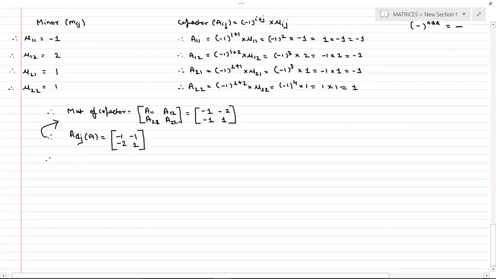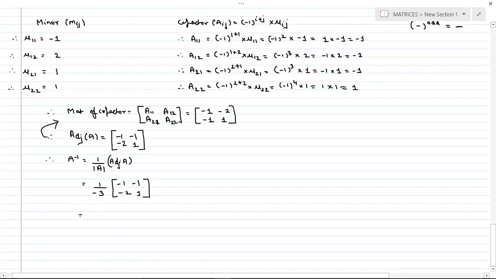So the final step is what? Now we have to find A inverse by using the adjoint method. The formula for A inverse is 1 upon determinant of A into adjoint A. So 1 upon determinant of A is -3, and adjoint A is -1, -1, -2 and 1.